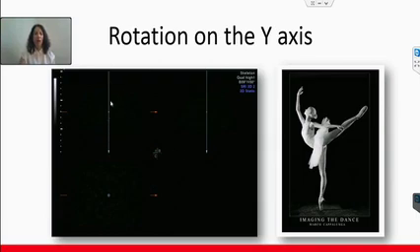Now I want you to think about the ballerina rotating, and this is like rotation on the y-axis, as you can see here. If we look in front, like the A plane, we can see her coronal plane or sagittal plane. So if we rotate her, you will see here and here, coronal and sagittal. When it's coronal here, it will be sagittal here, because the B plane is like we look at her from the side.